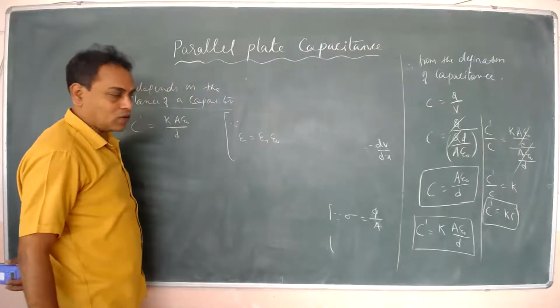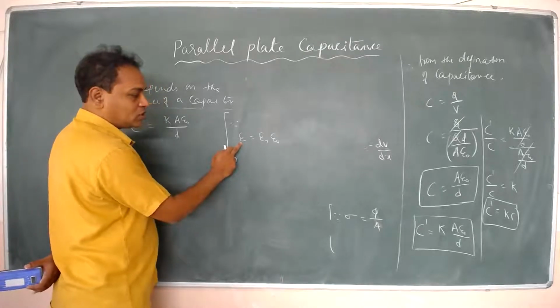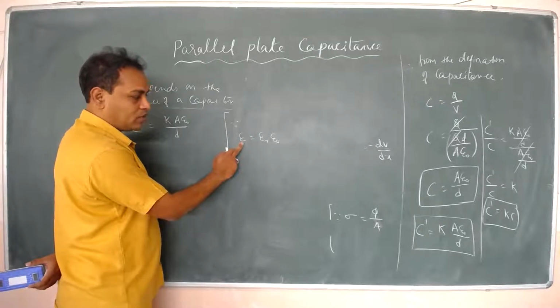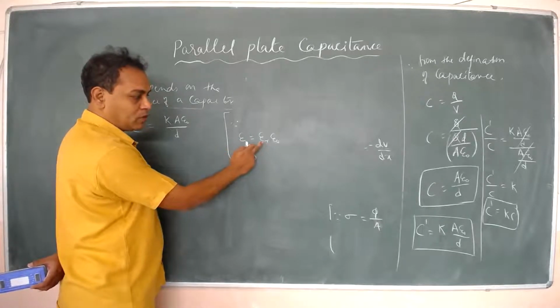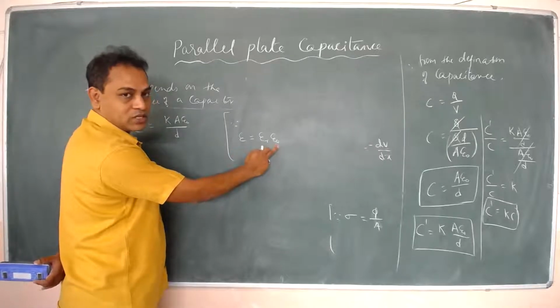We know this formula very well. What is epsilon here? This is nothing but the permittivity of a given medium, which is equal to the relative permittivity of that medium times the permittivity of free space.